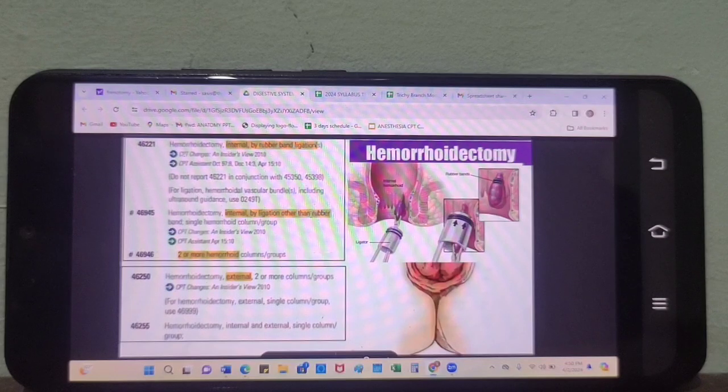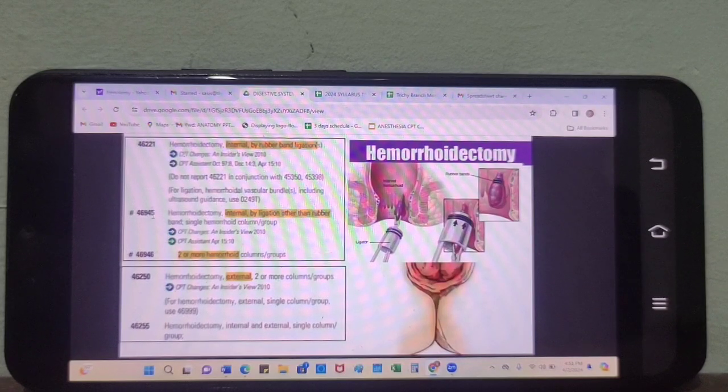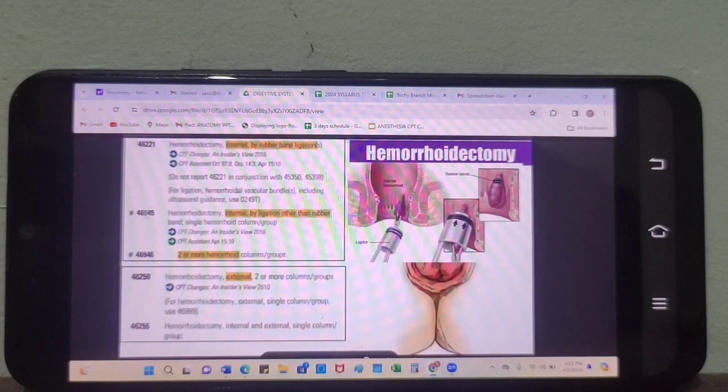Other than rubber band, if a doctor uses an instrument to remove the hemorrhoid, go for 46945 for a single hemorrhoid. For 2 or more hemorrhoids, go for 46946.